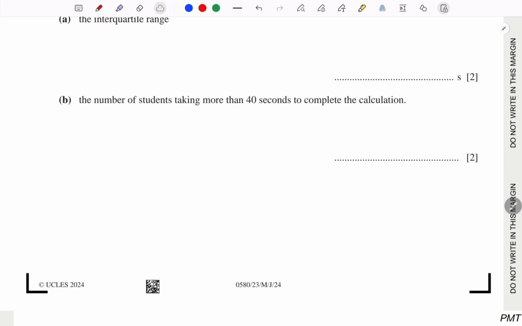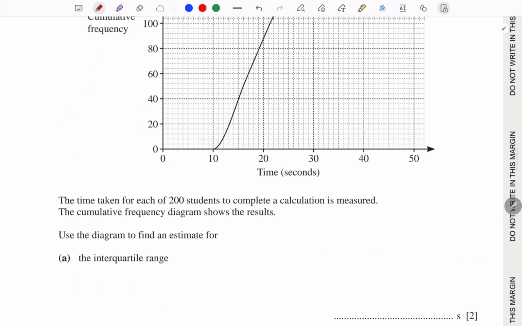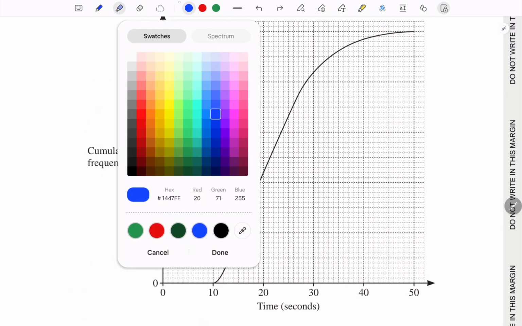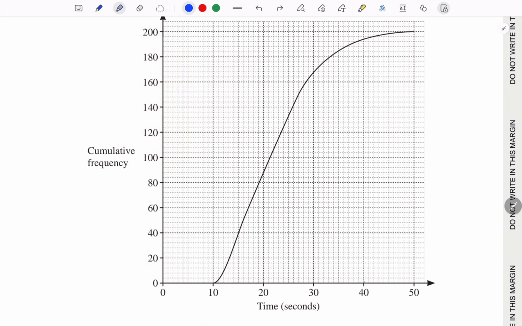Next part is to find the number of students taking more than 40 seconds to complete the calculation. Okay, so let's go back to the graph. This is the graph. Here we have 40, right? We need to find the corresponding value on the cumulative frequency graph.